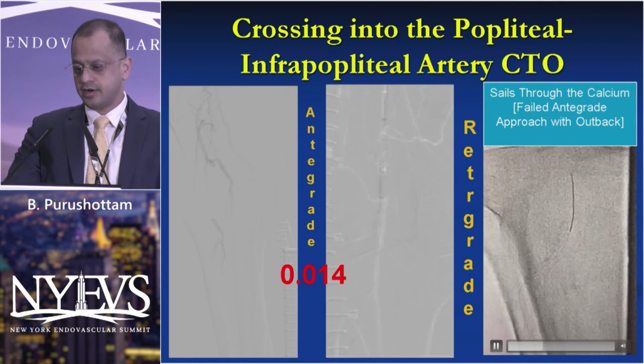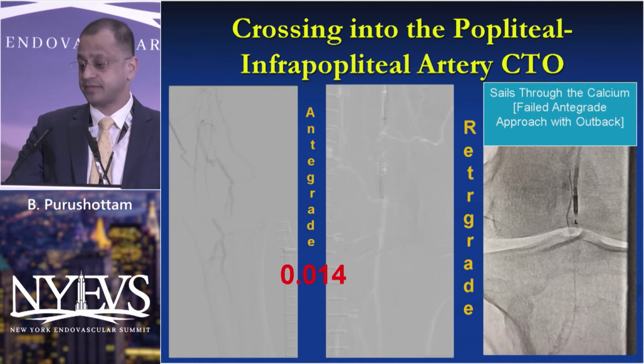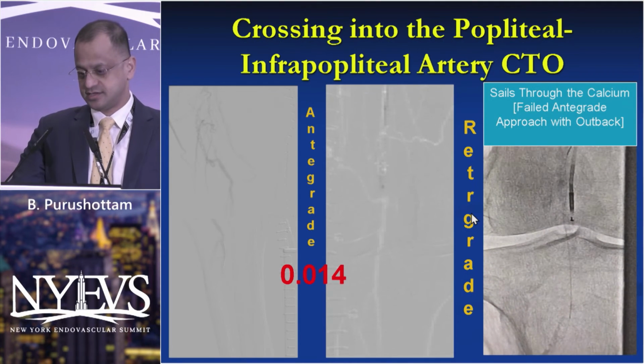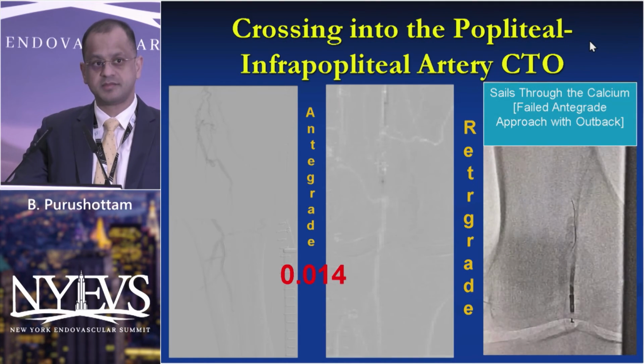I put a 4-5 slender sheath into the pedal axis, and then you can use, once again, a stiff angled glide wire and a support catheter to cross through it. And then once you've crossed, there are a couple of ways of externalizing the wires. Either you can feed into the contralateral catheter, which can be done by finding the smallest region, or you could snare these.